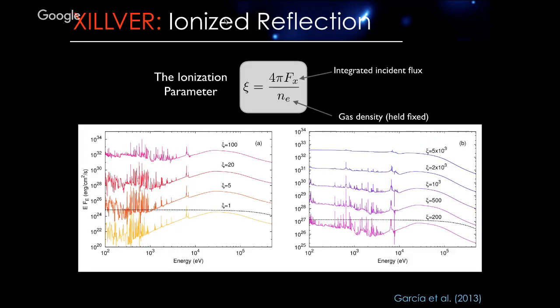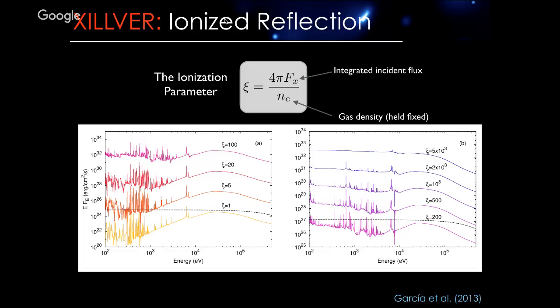These are more examples of how things change with the parameters in the model. Most of the models are parameterized with this ionization parameter that has to do with the flux that illuminates the disk versus the density. That essentially gives you a measure of how ionized the gas can be.